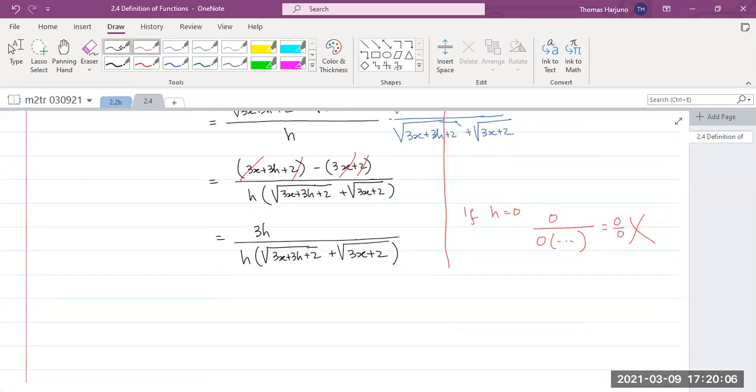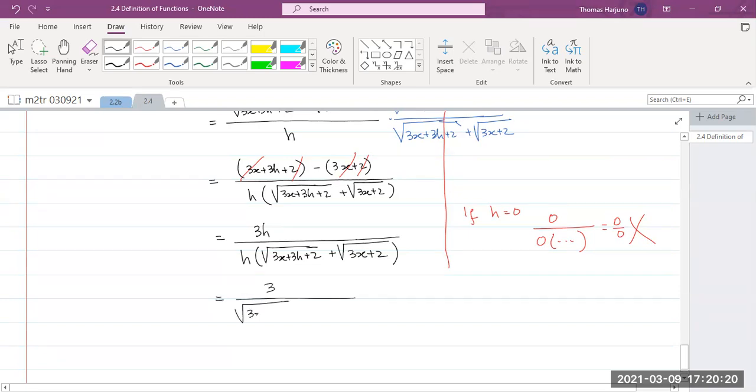Okay, now you can see very clearly that we can cancel the h. So we get 3 over the square root of 3x plus 3h plus 2 plus the square root of 3x plus 2.